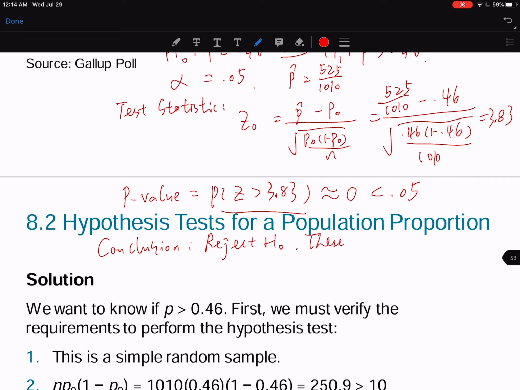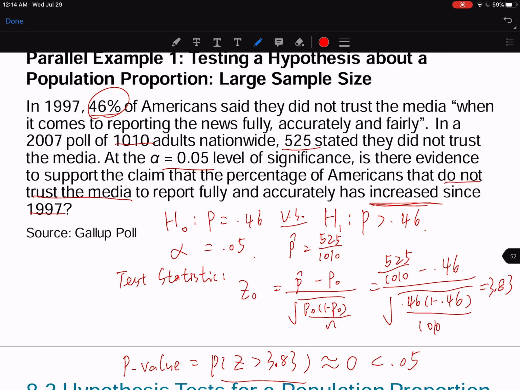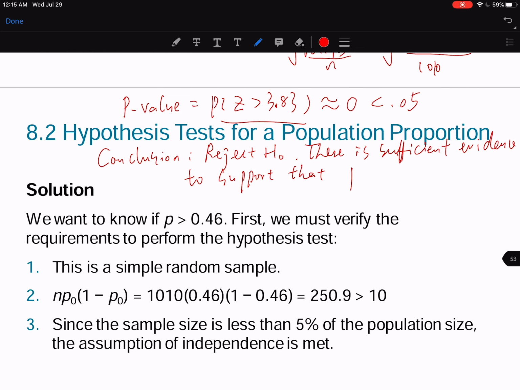There is sufficient evidence to support that P is greater than 0.46.